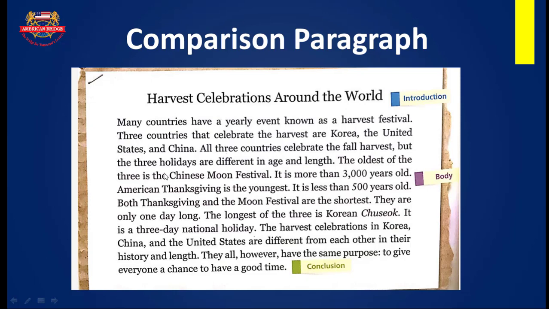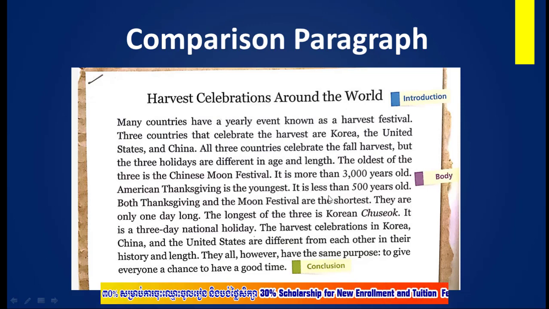The oldest of the three is the Chinese Moon Festival. It is more than 3,000 years old. American Thanksgiving is the youngest. It is less than 500 years old. Both Thanksgiving and Moon Festival are the shortest. They are only one day long.